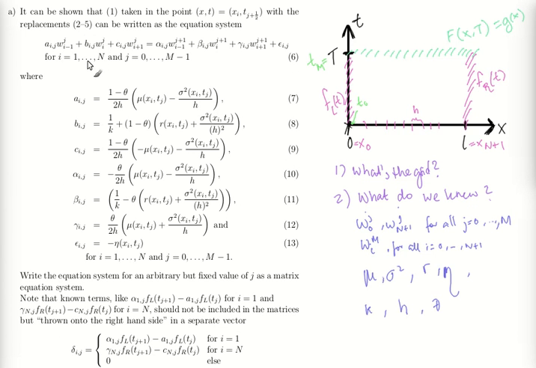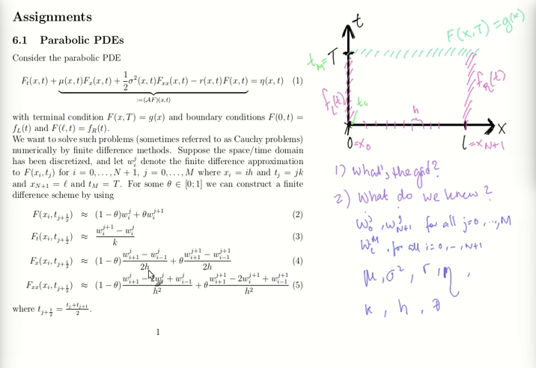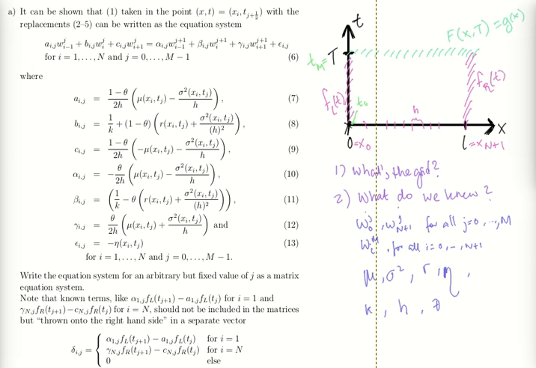On the next page, they say we can take our difference approximations and plug them into the PDE, move around a little bit, and then achieve this equation system where the coefficients are given by all of this.